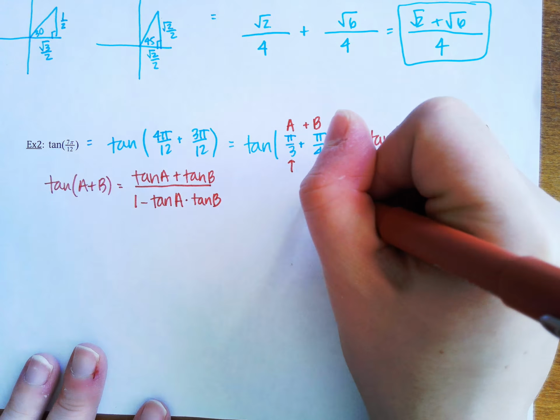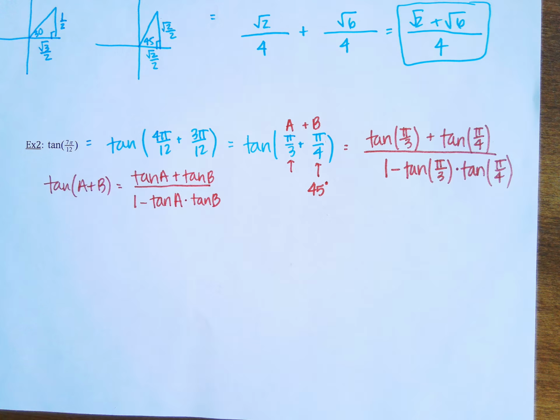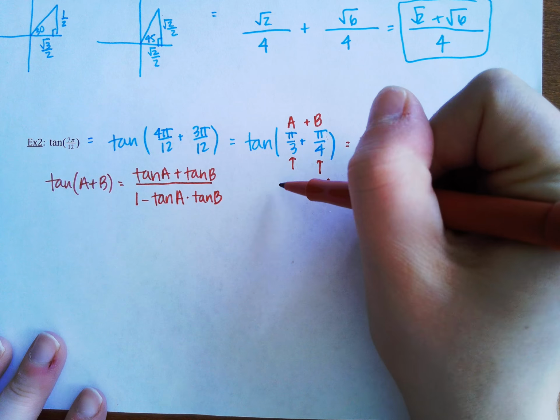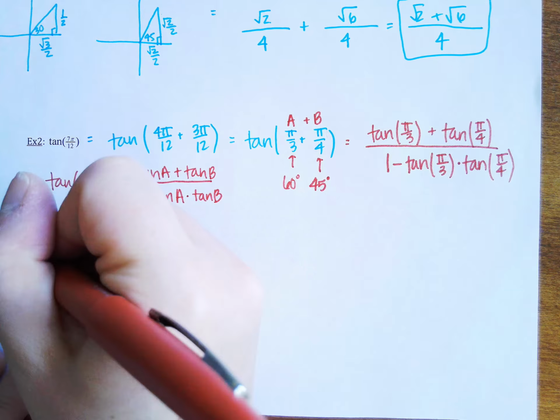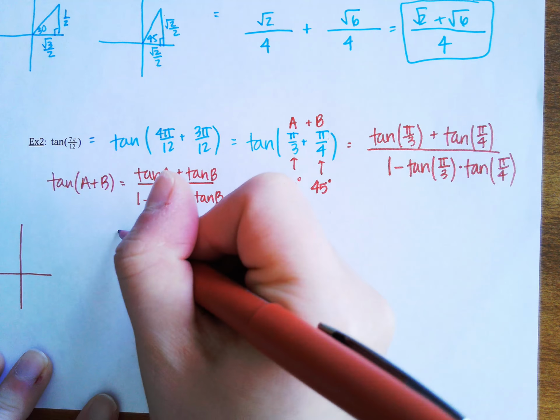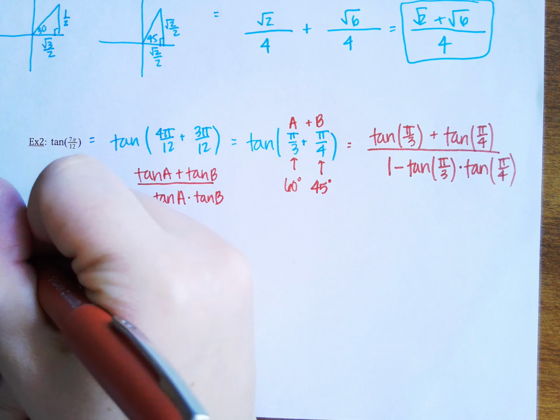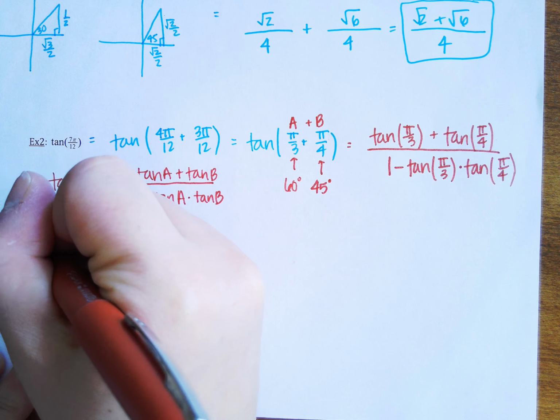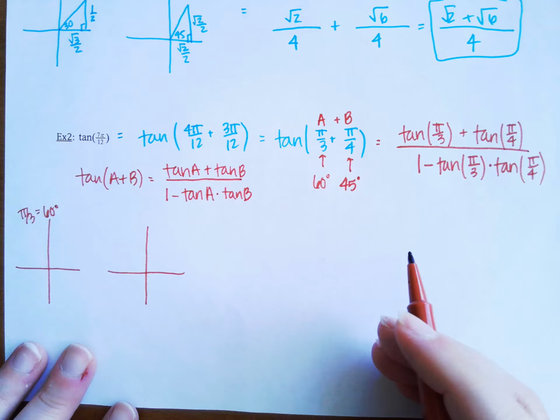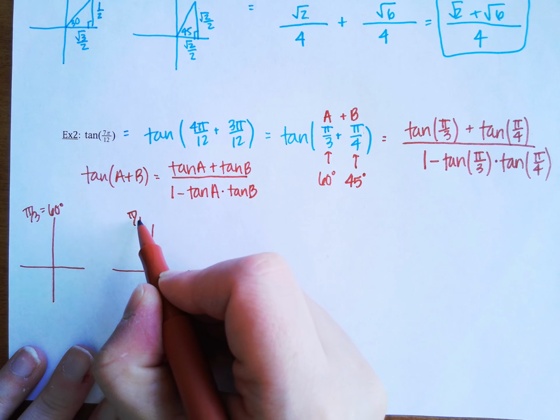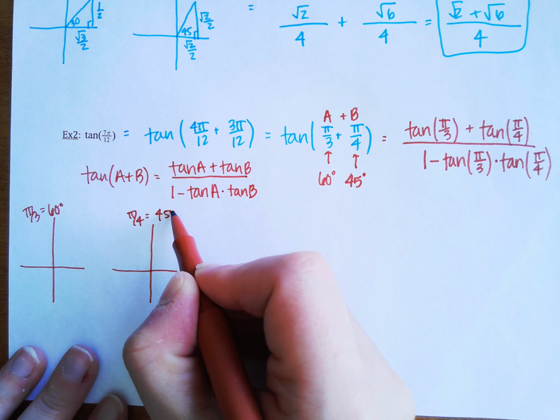Pi over 4 is an easy one to remember: that's a 45-degree angle. And pi over 3 is kind of like the opposite. Every time we have pi over 6, we're representing a 30-degree reference angle, and pi over 3 would be a 60-degree reference angle. So we have pi over 3, which is a 60-degree reference angle, and pi over 4, which is a 45-degree reference angle.